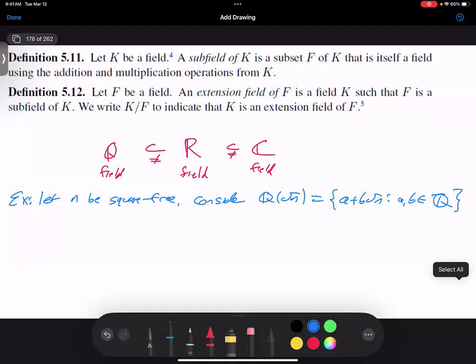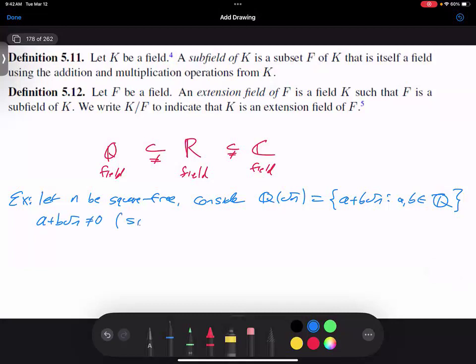I'm sorry? The inverse. Does this have an inverse? If I give you something in the form a plus b root n, if it's not 0, does it have an inverse? Yeah, it's a real number. It has an inverse. The question is, does it have an inverse of this form? So let's set a plus b root n does not equal 0.